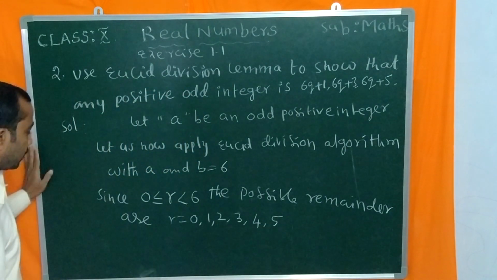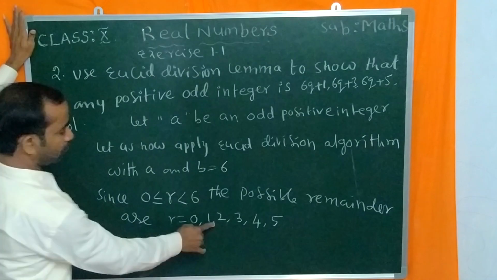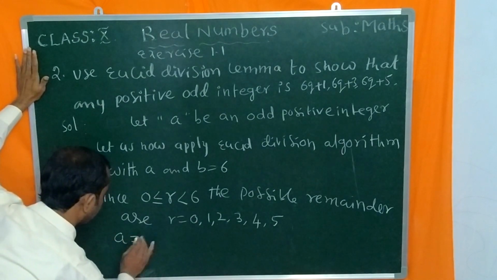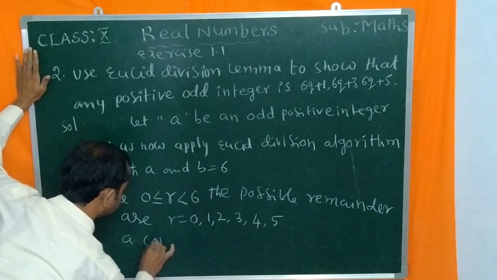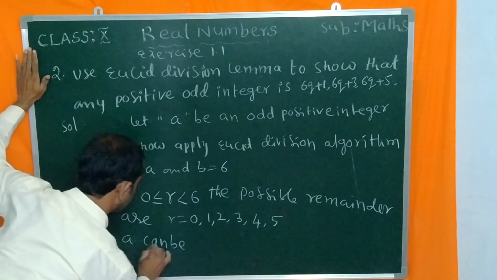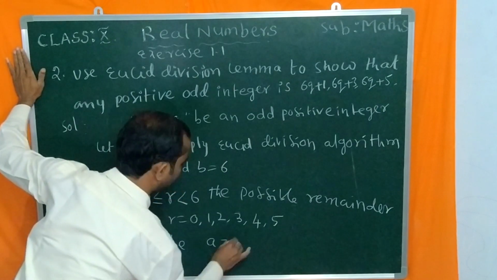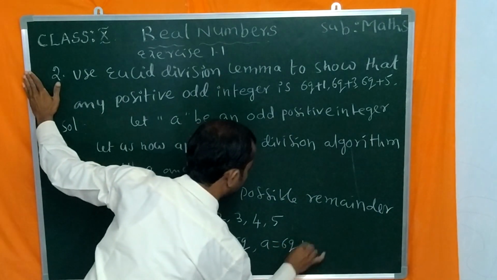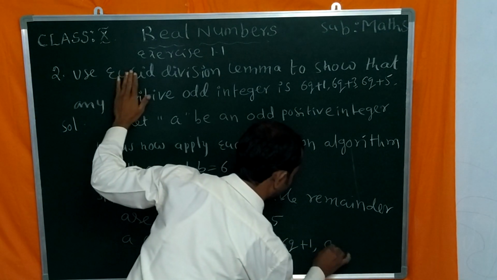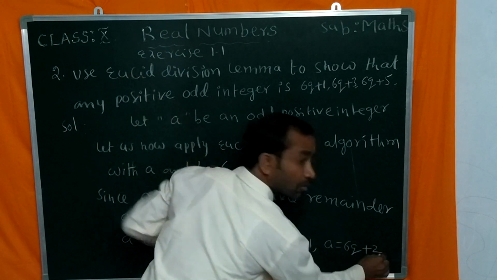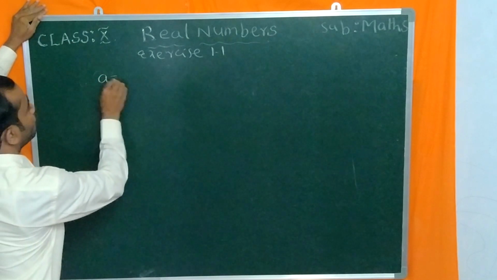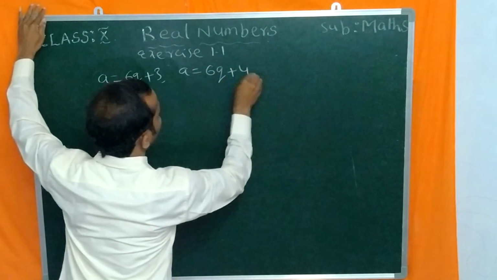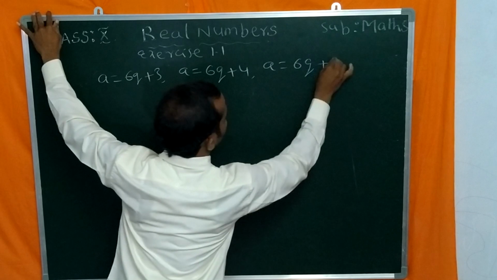So r equals 0, 1, 2, 3, 4, 5. a can be written as a equals 6q, a equals 6q plus 1, a equals 6q plus 2, a equals 6q plus 3, a equals 6q plus 4, a equals 6q plus 5.